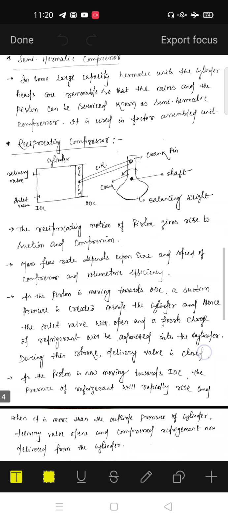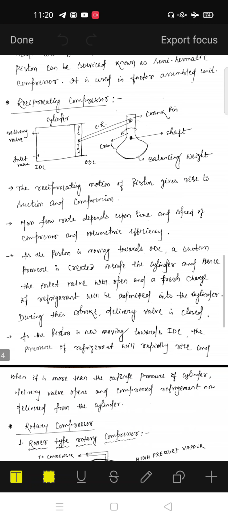Clear? As the piston is moving towards ODC, a suction pressure is created inside the cylinder, and hence the inlet valve will open and a fresh charge of refrigerant will be admitted into the cylinder. And during this stroke, delivery valve is closed.